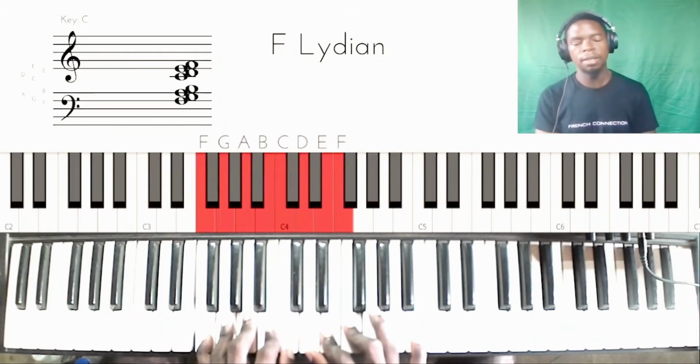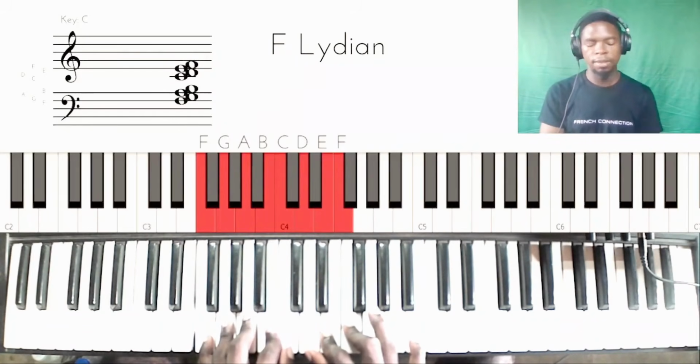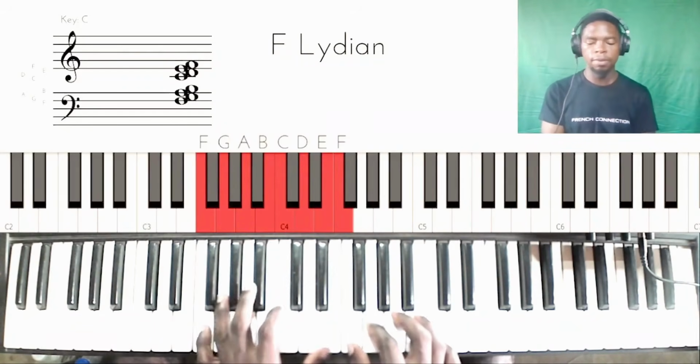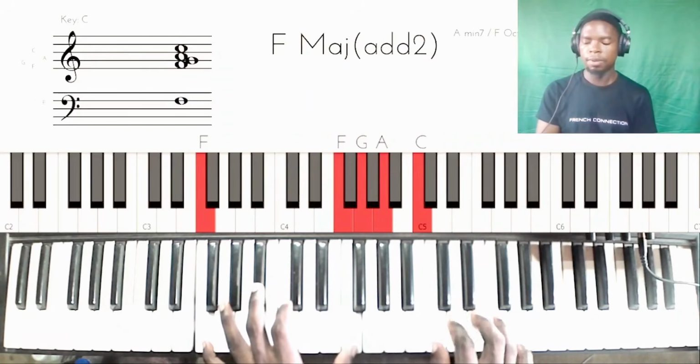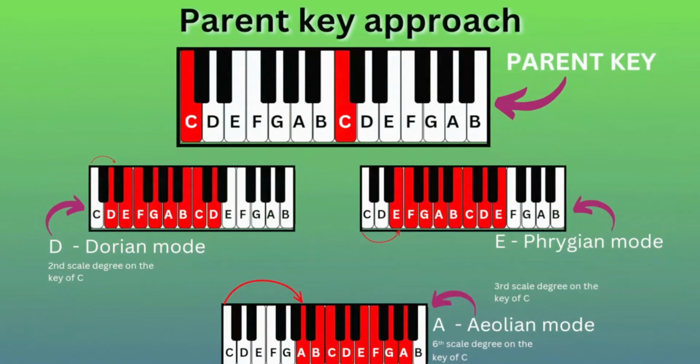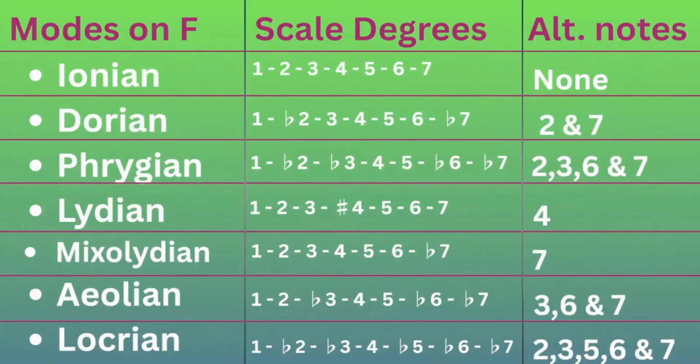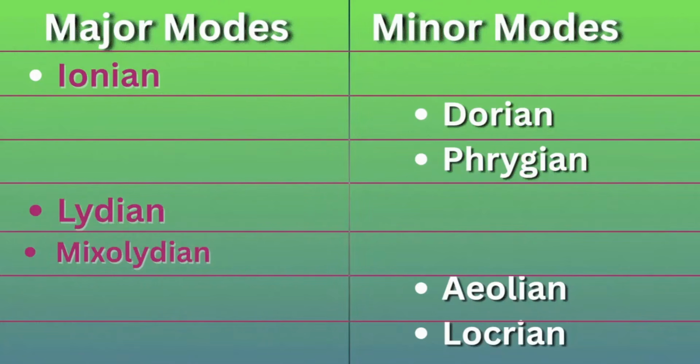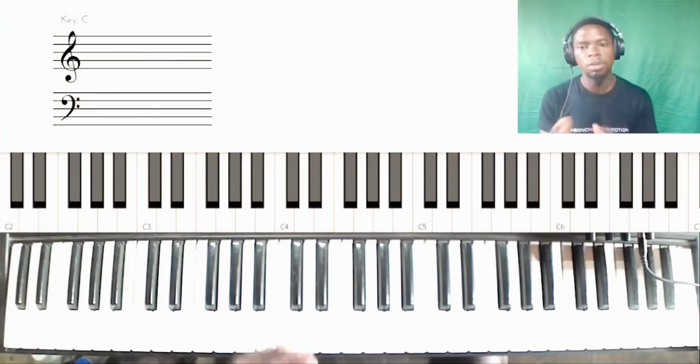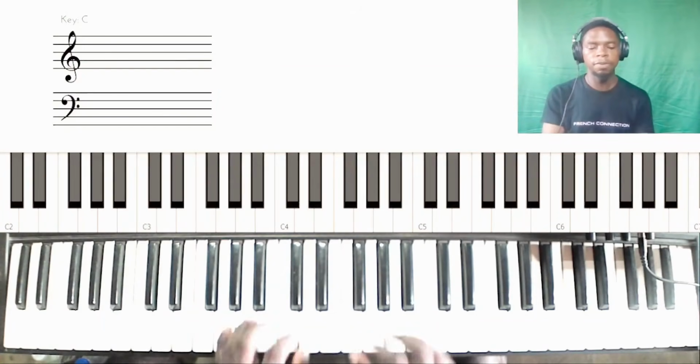That's the Lydian. So the Lydian is very similar to the Ionian, only that it has a raised fourth. Okay, Mixolydian is from the fifth degree.